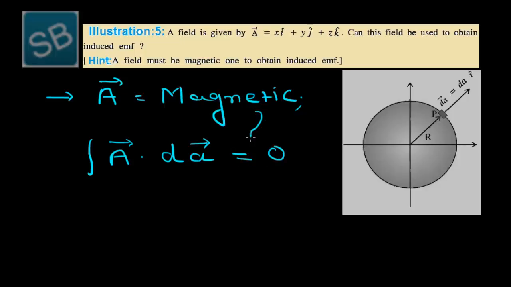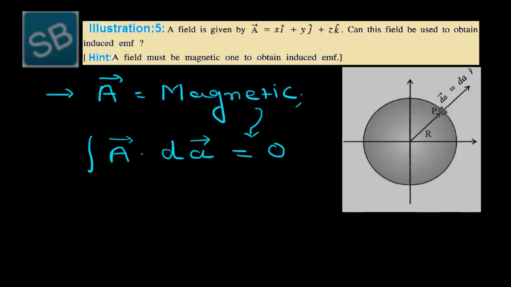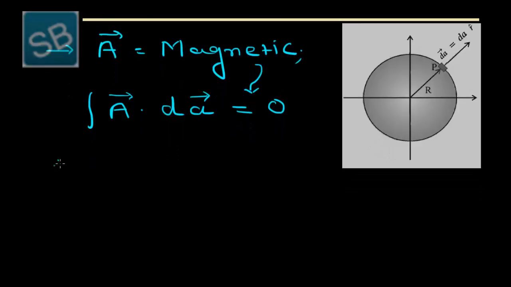This condition should be satisfied, so now we have to check whether this condition is being satisfied or not. For that I am considering this vector dA in unit vector notation, so dA is equal to a magnitude and the direction in the form of a position vector.